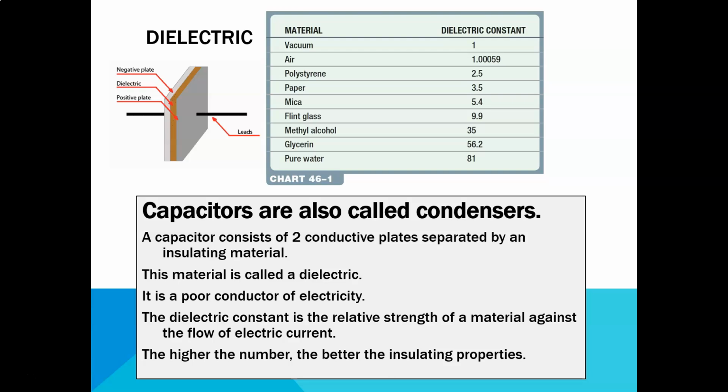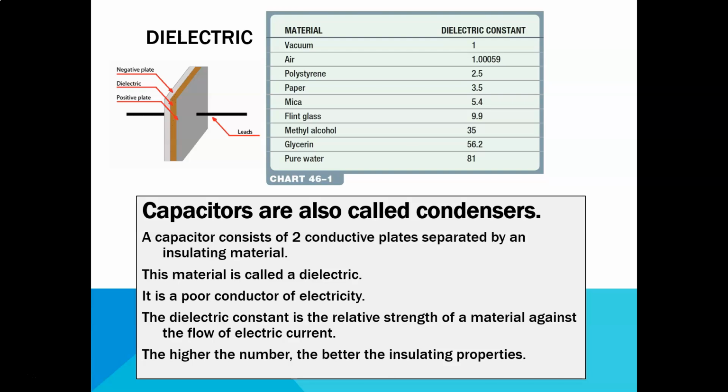So you can see pure water, meaning water without any minerals in it, just water with everything filtered out of it, because anything that's in water is what carries the electrical charge within it. So naturally, if you go from vacuum to pure water, obviously the capacitor is getting better and better in quality.